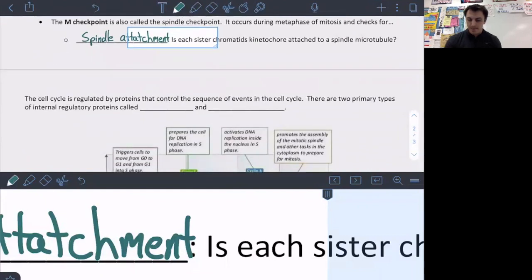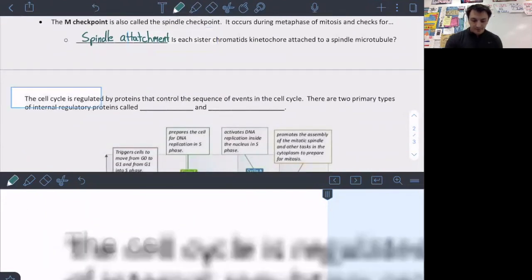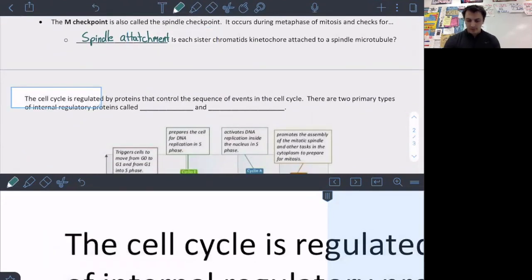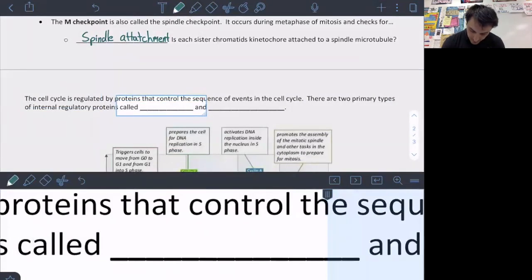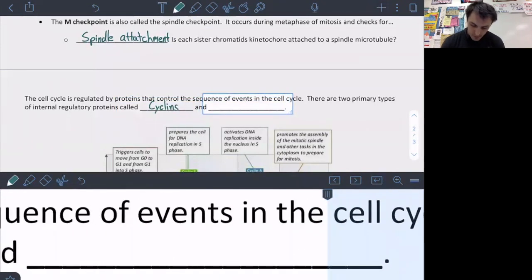Our cell cycle is regulated by proteins that control the sequence of the events in the cell cycle. It's going to be controlled by a few proteins here. The two primary types are going to be called cyclins and protein kinases.